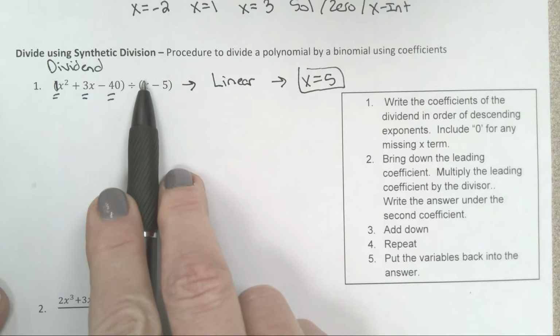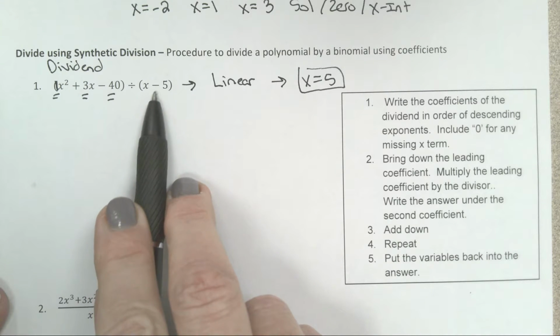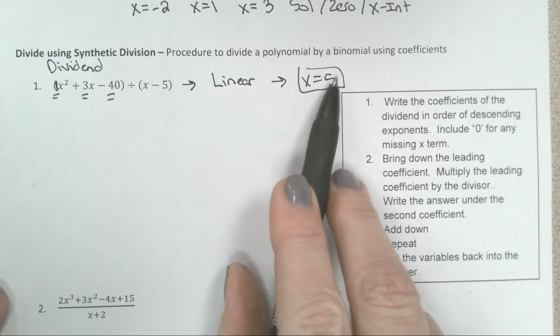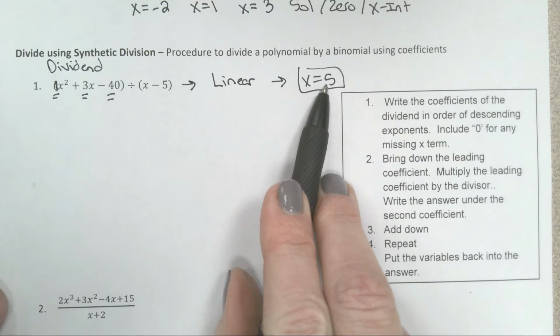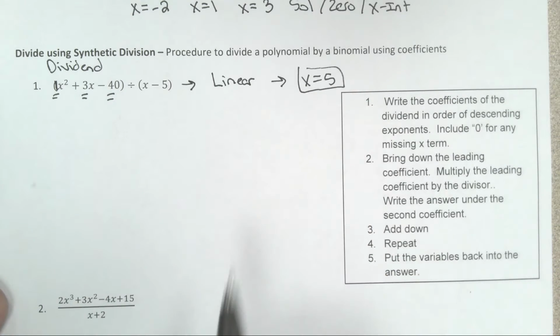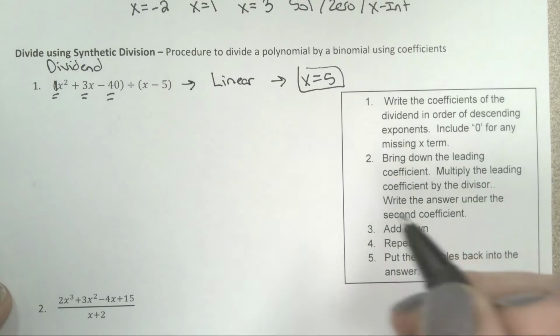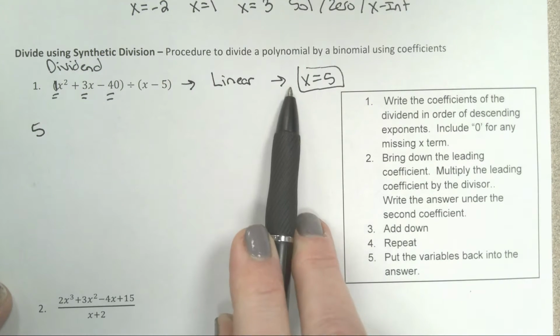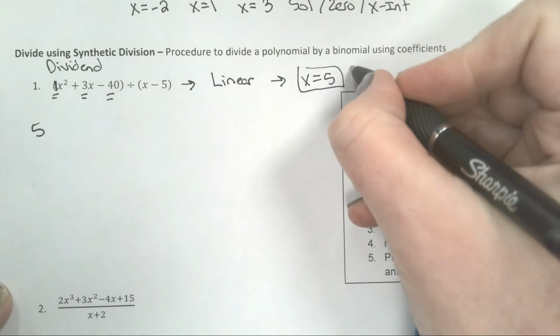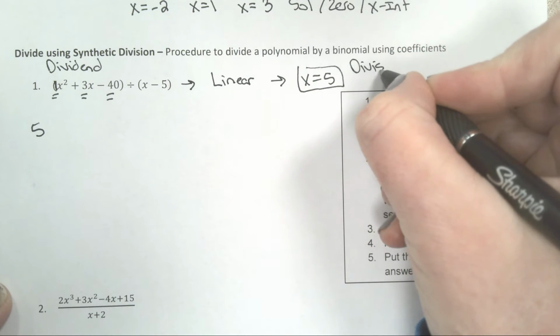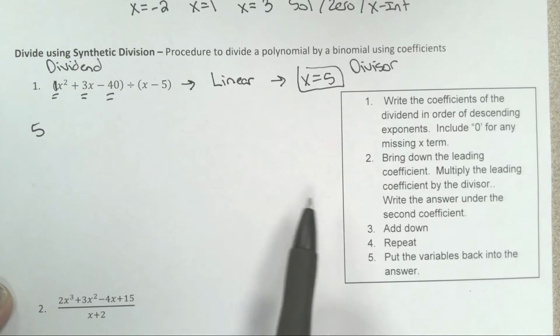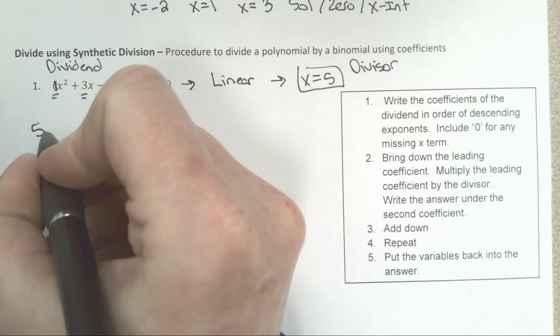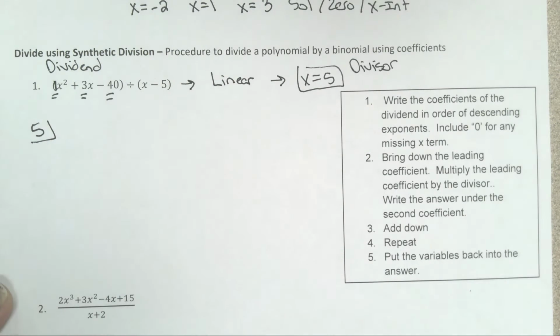If it gives it to you as a linear or binomial, you have to basically solve it, and 5 is going to be the number we use in this process. All right, so here's what it looks like. This 5 is called the divisor, by the way. So you put the divisor in this little box.